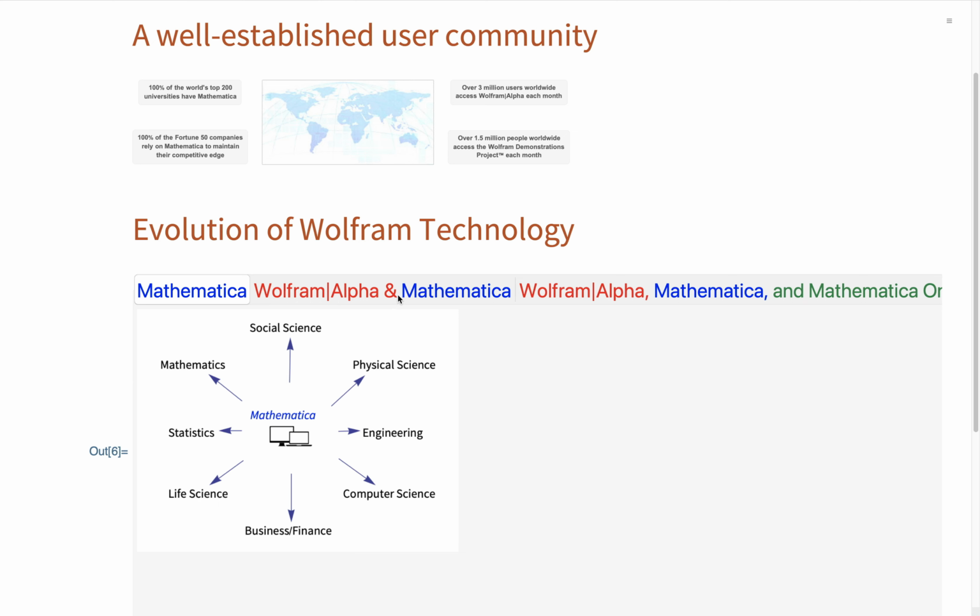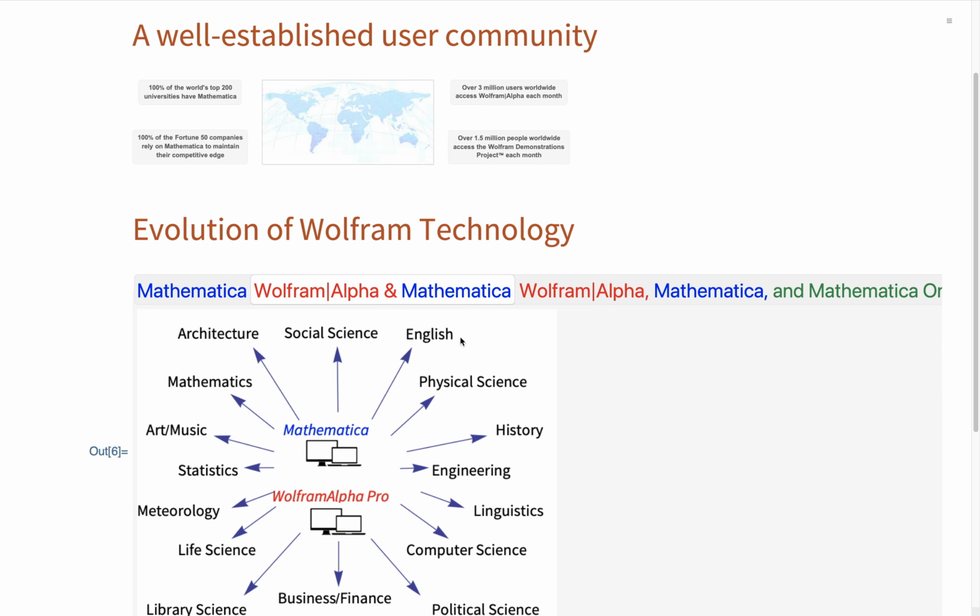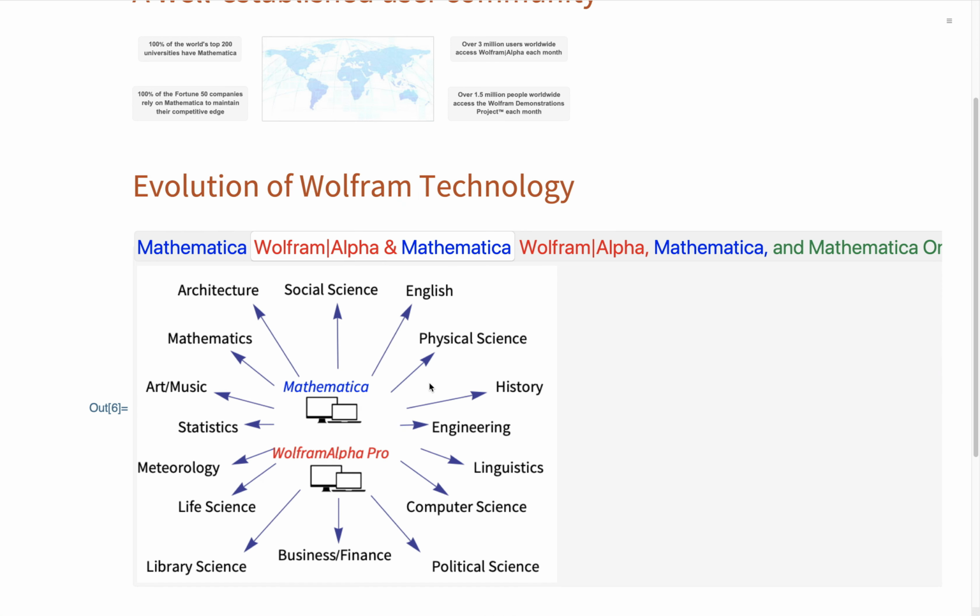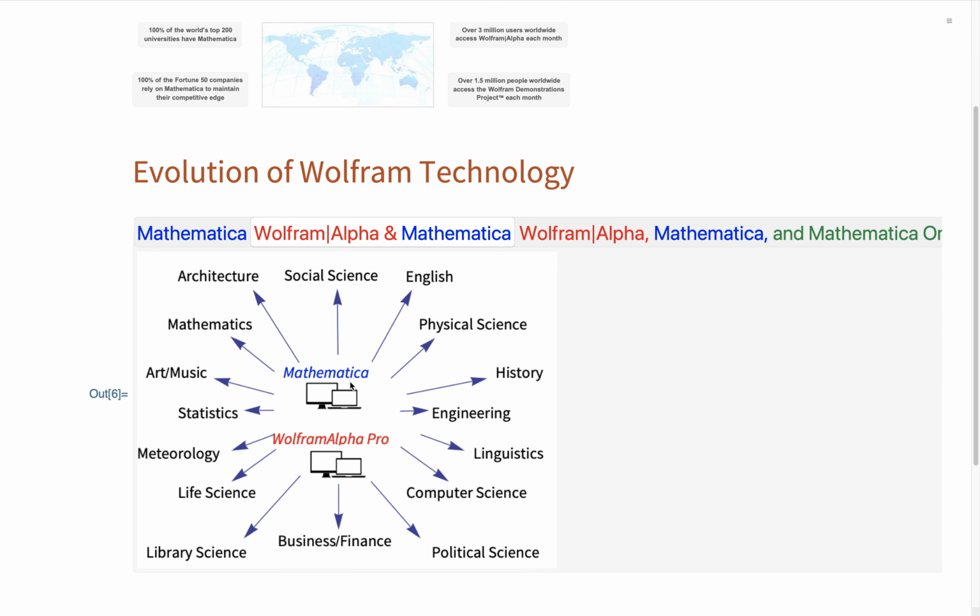In 2009-ish, we introduced another product called Wolfram Alpha or Wolfram Alpha Pro, and that opened up our reach to areas such as nutrition, architecture, arts and music, and really started to bring down the hurdles to use our tool into the middle, elementary, and high school.